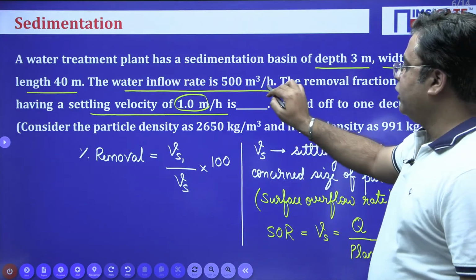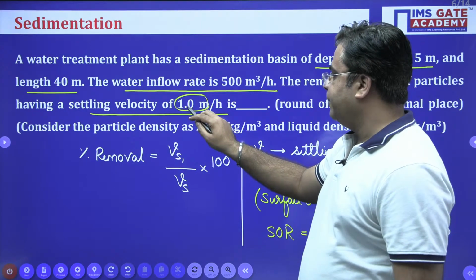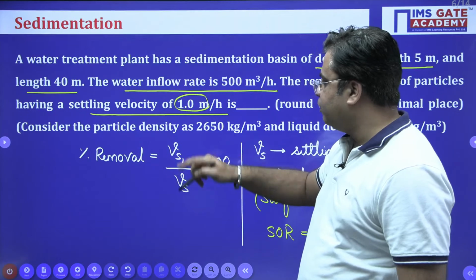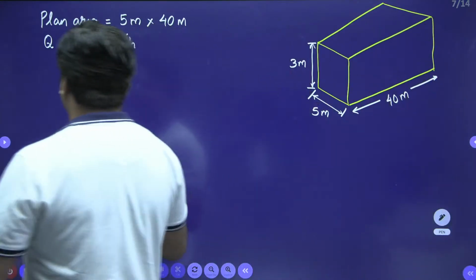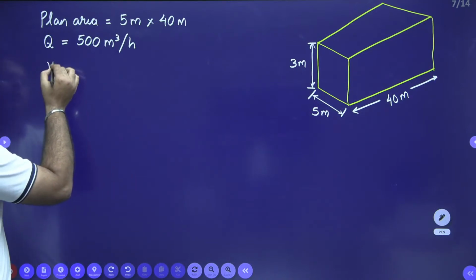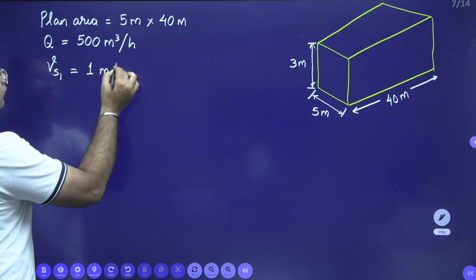Inflow rate is 500 meter cube per hour and the settling velocity Vs1 of the smaller particle is given as 1 meter per hour.